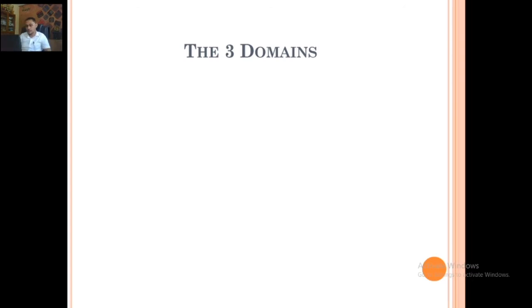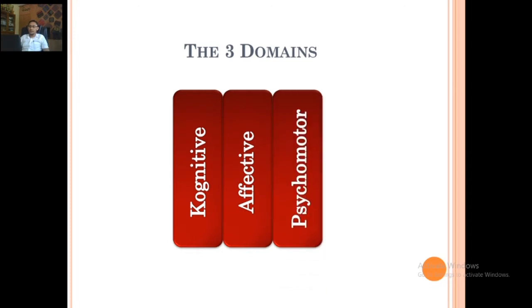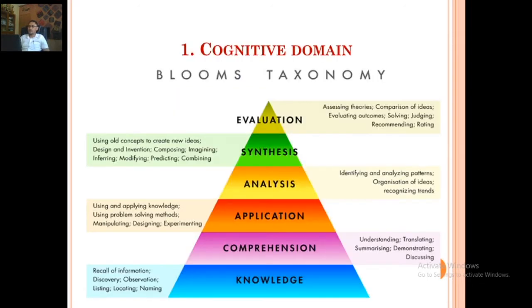Broadly speaking, educational goals are divided into three domains, each of which has its own subcategories. The three domains in education goals are cognitive domain, affective domain, psychomotor domain, and the cognitive domain contains behavior that emphasizes intellectual aspects such as knowledge, understanding, and thinking skill.